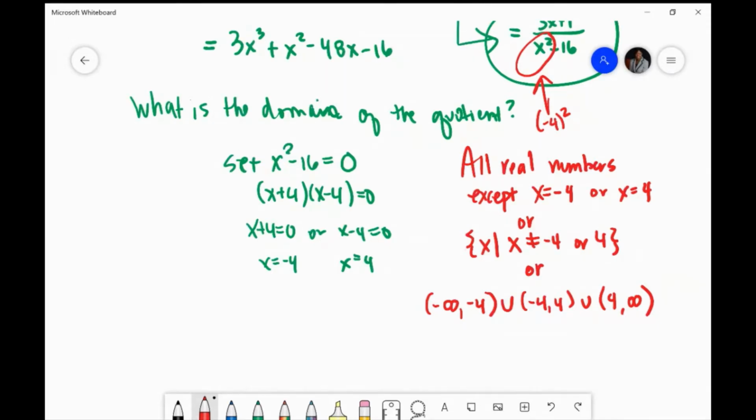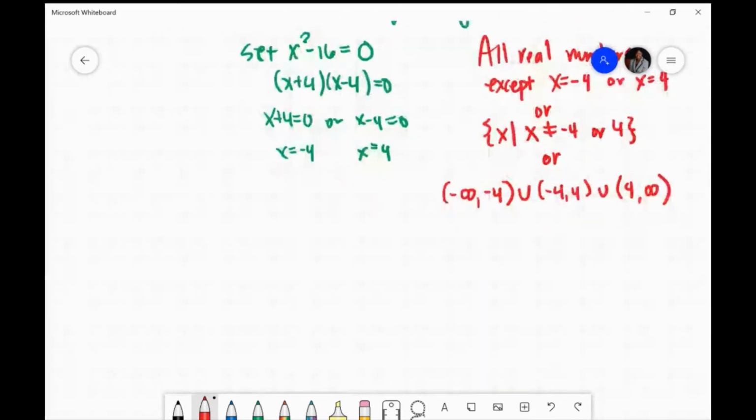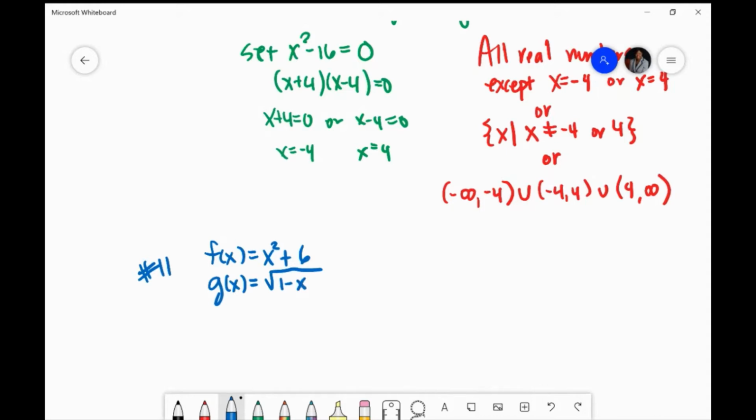All right, we're going to move on to number 11 now. F of x equals x squared plus 6, and g of x equals the square root of 1 minus x.